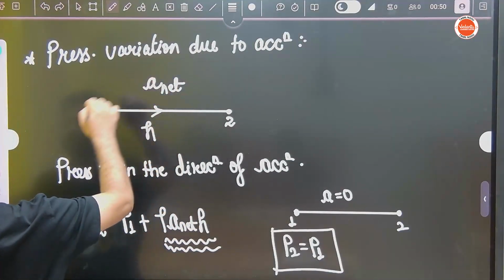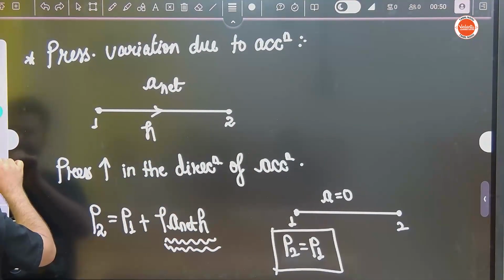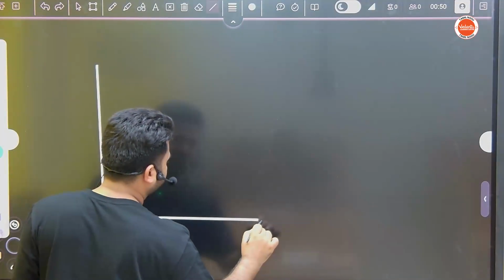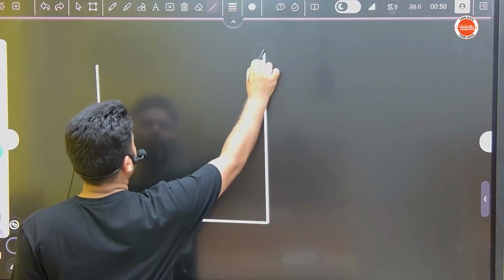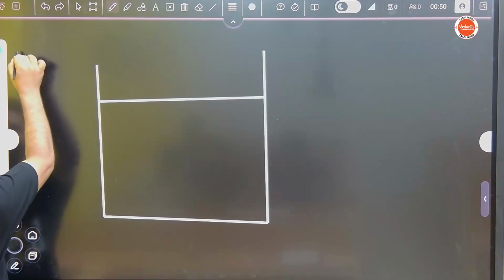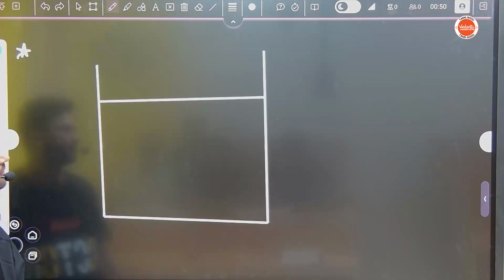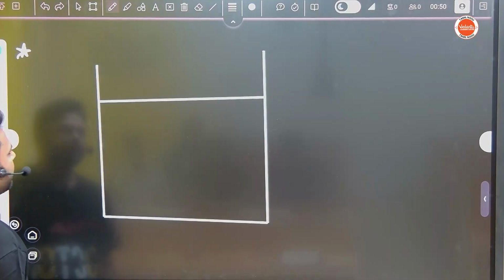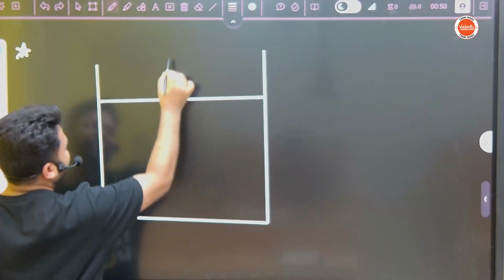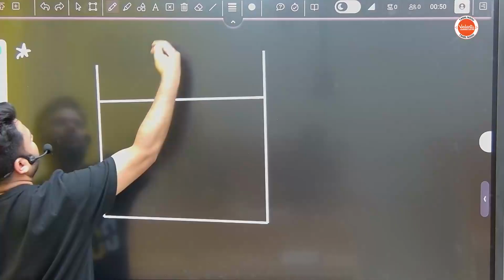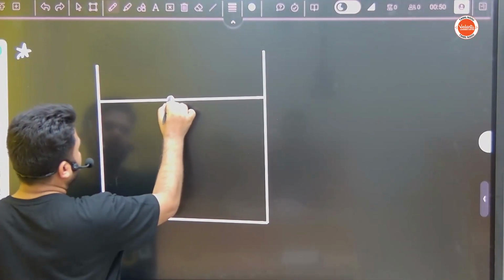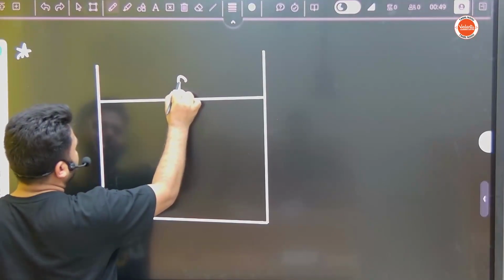Now see. Suppose we have a container and liquid is filled. This is the top level. This is exposed to atmosphere. Outside is what? Atmosphere. So at this point we write pressure as P naught.